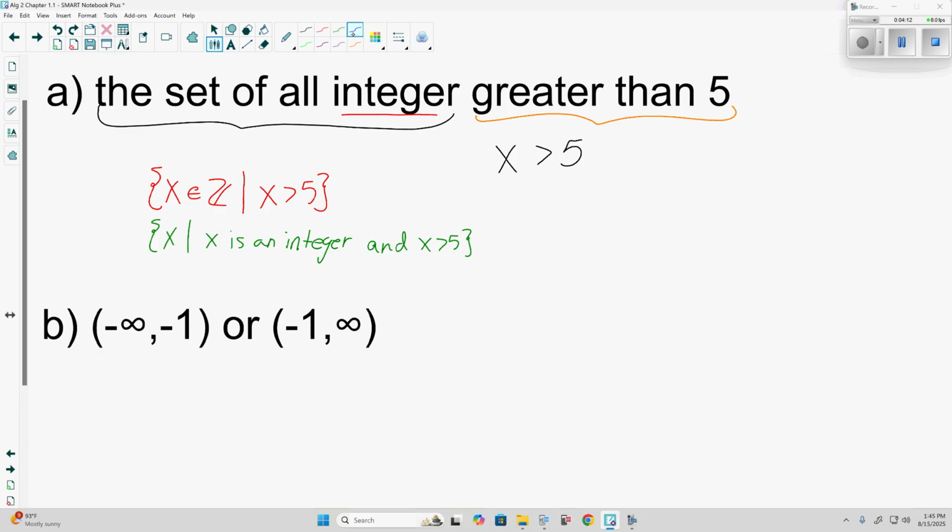If we wanted to, we could simplify it a little bit. We could say the set of all real numbers x such that x is an element of the integers and x is greater than 5. We simplified that: x is an element of the integers, x is an integer. We condense it down. All three of those are saying the exact same thing.